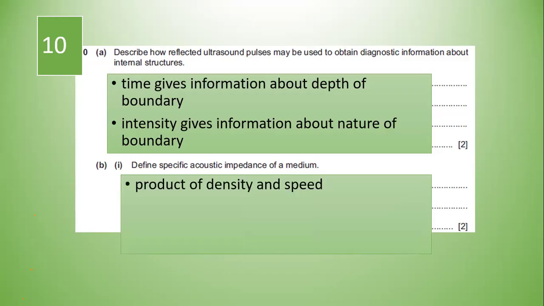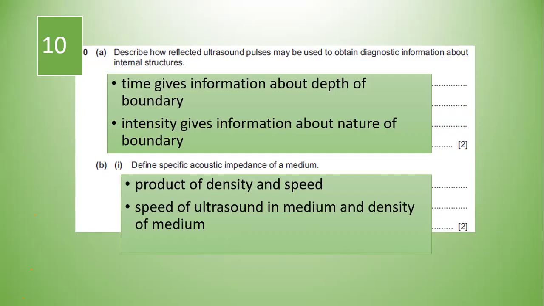It is a product of density and speed of ultrasound in the medium. They can combine into one sentence. That's how they will look for it in the exam, what mark to give.